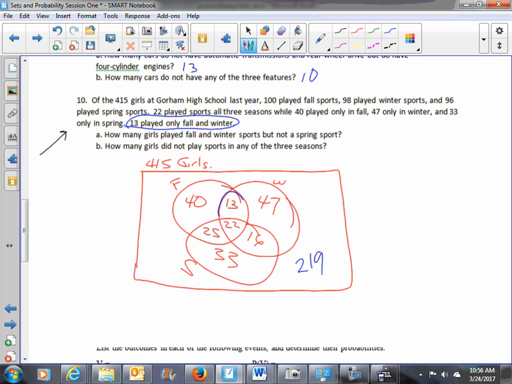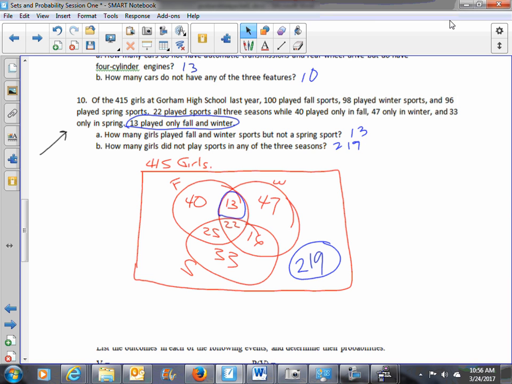It's this region here. How many girls did not play sports in any of the 3 seasons? 219. Yeah, we couldn't have answered B without doing all this work, but A, we could have answered if we just looked back up at the question.